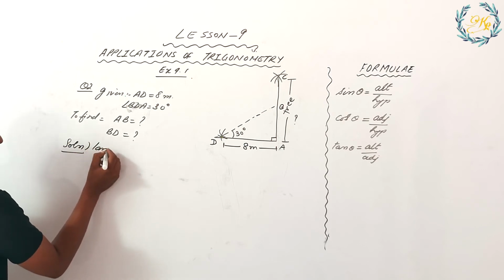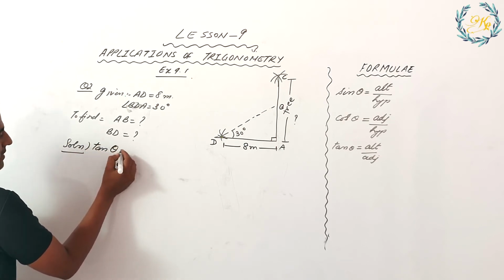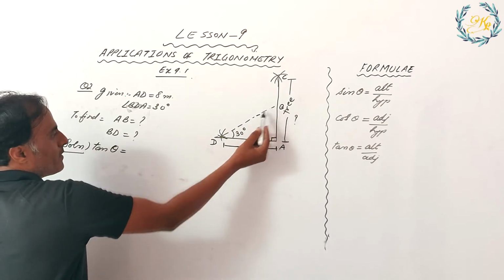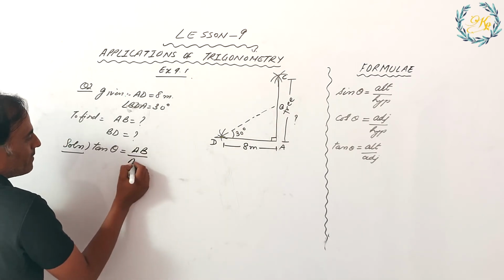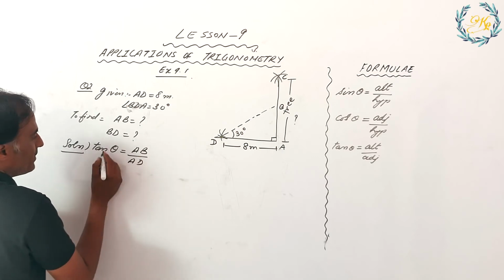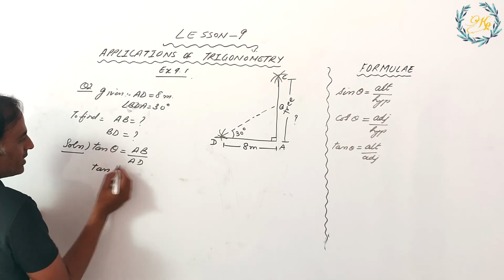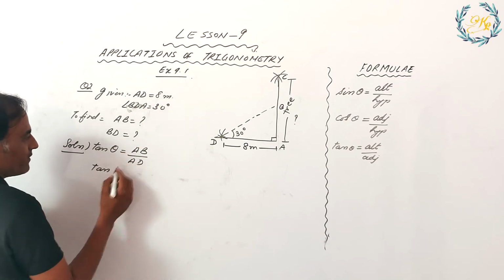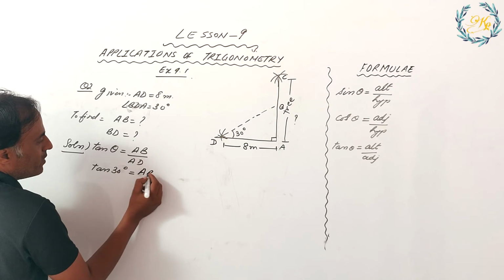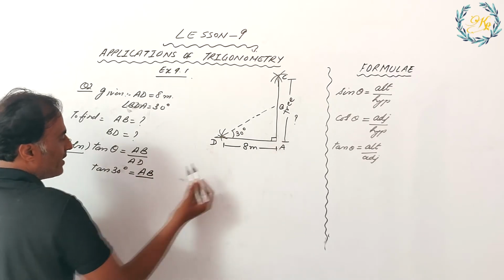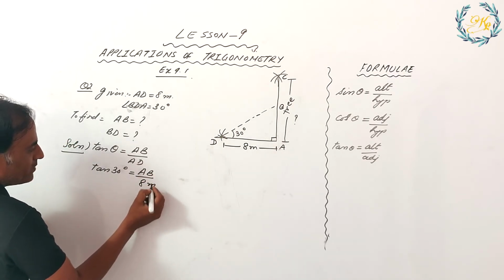So we start the solution here. Solution: tan theta, or tan of angle BDA, is equal to the side AB upon AD. Now let's replace this theta with the values and also the other values with the numbers that are given to us. Tan 30 is equal to AB, whose value is not known to us from the triangle, upon AD, which is 8 meters.